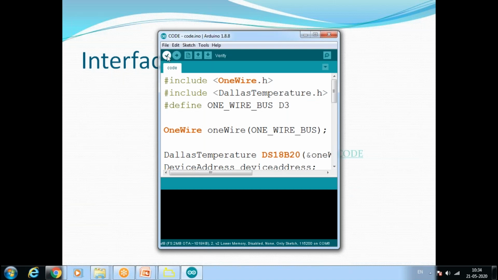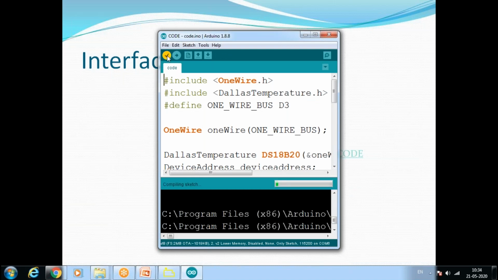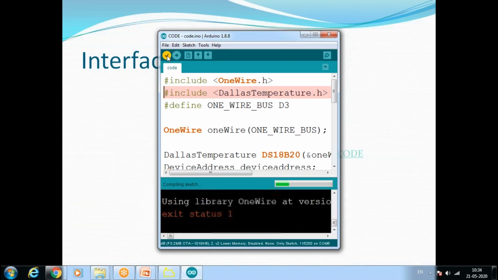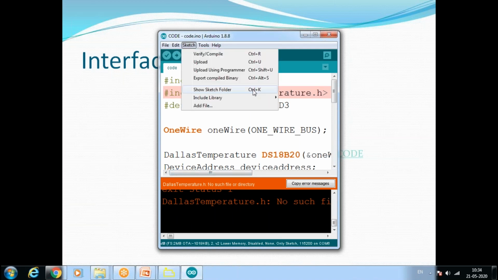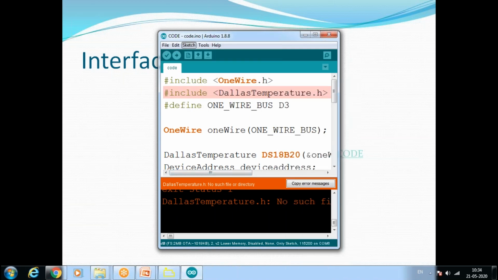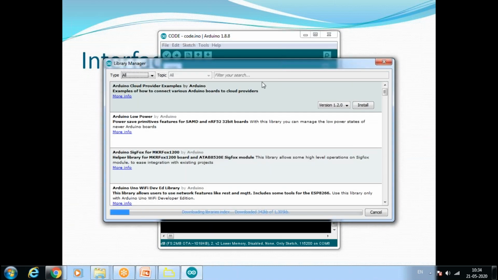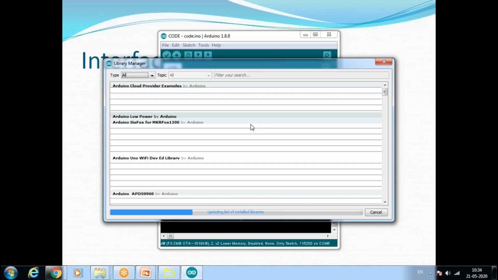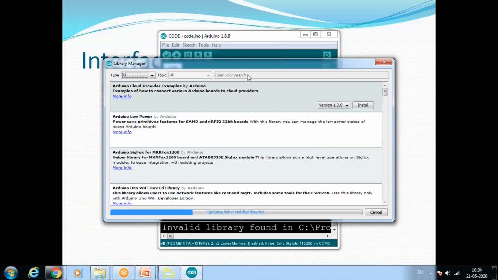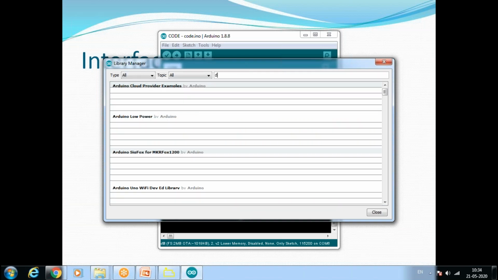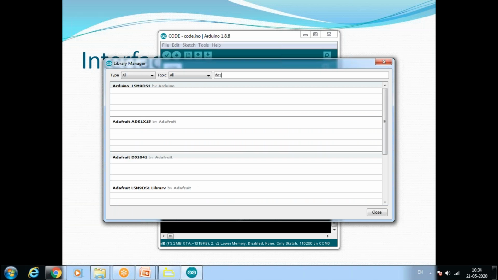So if I try to compile it, it will give an error if I have not installed the libraries. Yes, it is saying DallasTemperature, no such file. So go again to Sketch, include library, manage libraries, then DS18B20.